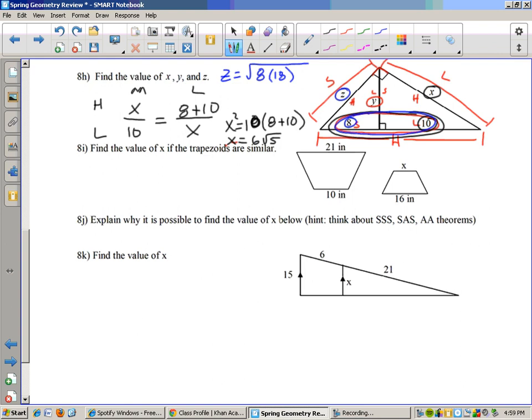So 2 times 2 times 3 is going to be 12, I believe. I believe z is 12. I may be wrong. Okay, I've been known to be wrong.